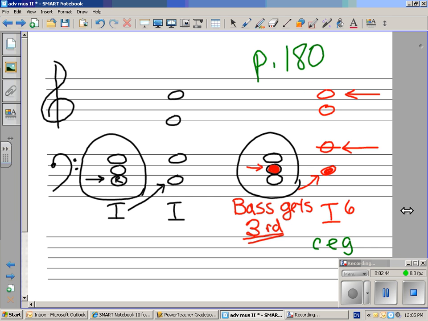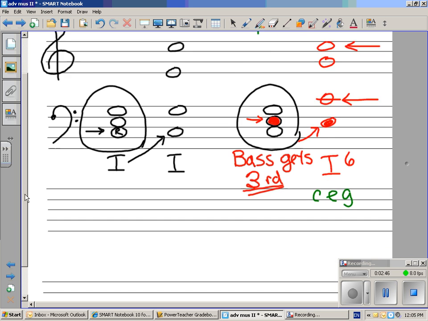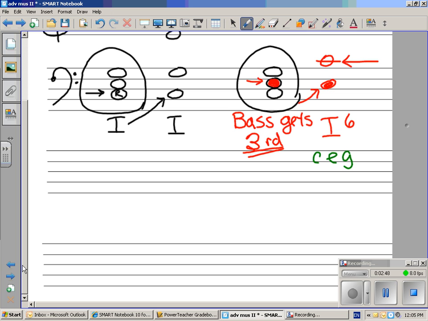There's another instruction on page 180, and it says, although the same doubling applies to minor triads, you could also double the third in a minor triad.